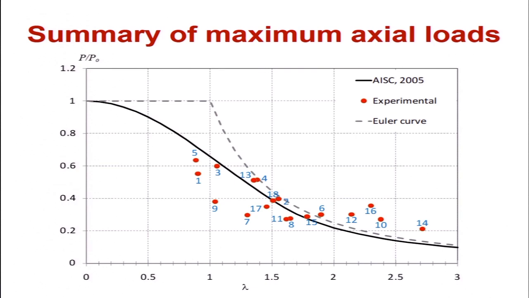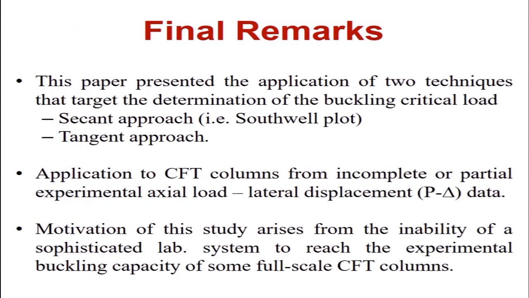And so with that, just some concluding remarks again. We contrasted a secant versus a tangent approach. And this was done because we had incomplete data and wanted to try as much as possible to extrapolate and get some reasonable approximations to true values of buckling. Okay.